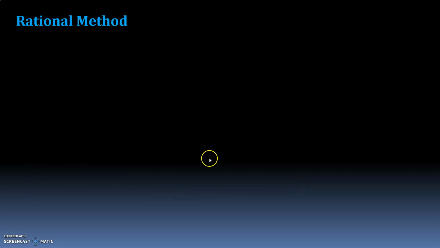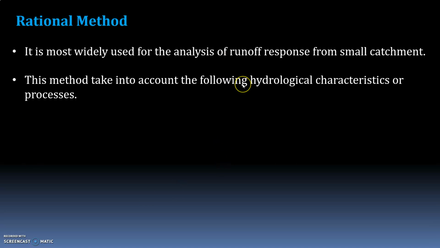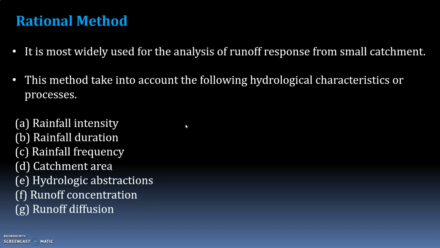The second one is the rational method. It is most widely used for the analysis of runoff response from small catchments. This method takes into account the following hydrological characteristics or processes: rainfall intensity, rainfall duration, rainfall frequency, catchment area, hydrological abstractions, runoff concentration, and runoff diffusion.